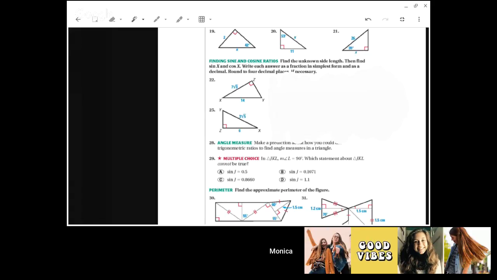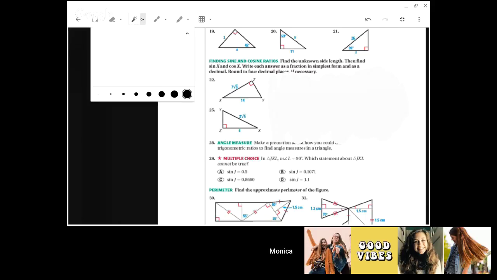Okay, Charlotte Ann, so for number 22, you're supposed to find your unknown side length and then find sine and cosine of x. So remember, to find your unknown side length, you're going to do a squared plus b squared equals c squared, right?